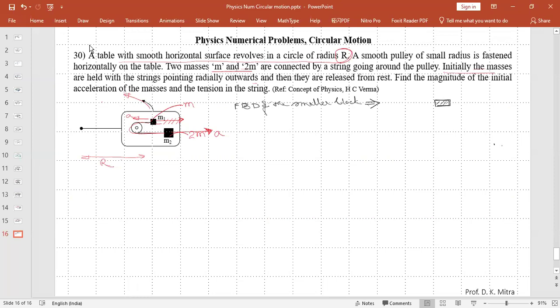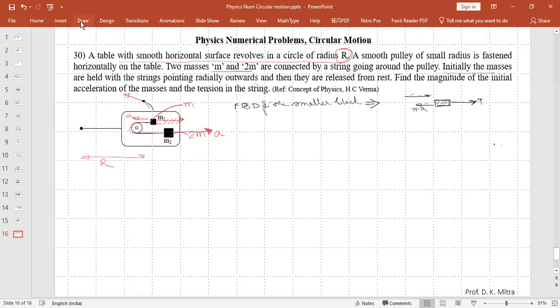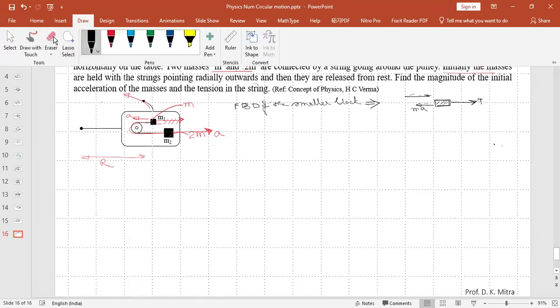The tension T is towards the right. So this is the T, and the smaller block will accelerate to the left side, because this is small. So on the left-hand side, there is a force ma. Also, on the left-hand side, there is a force equal to the centripetal force.